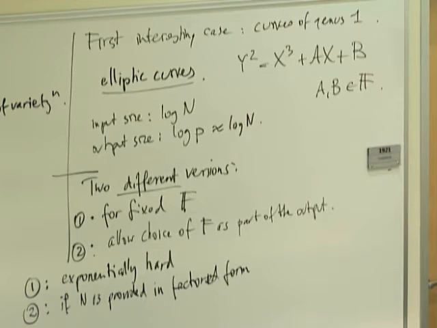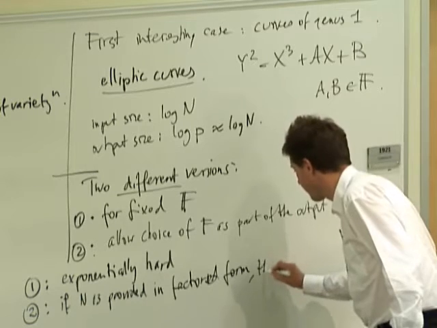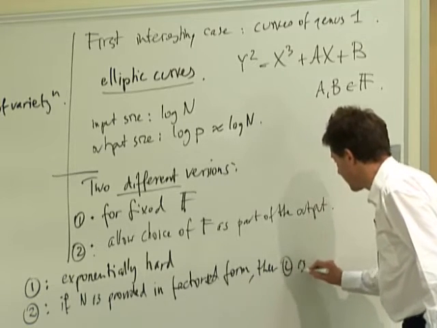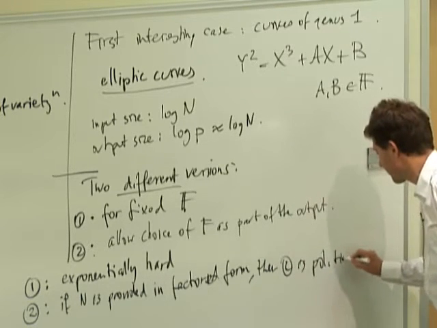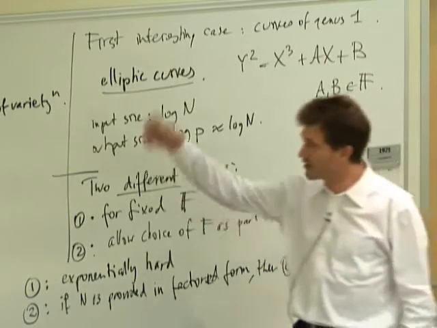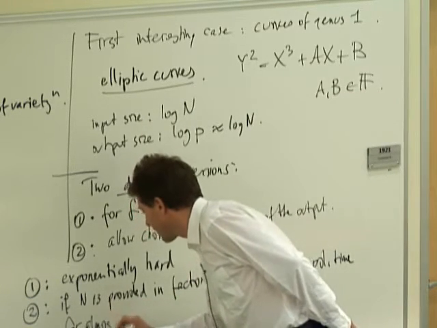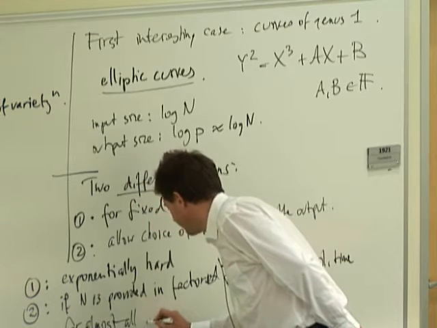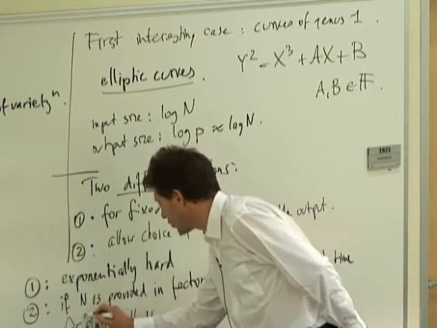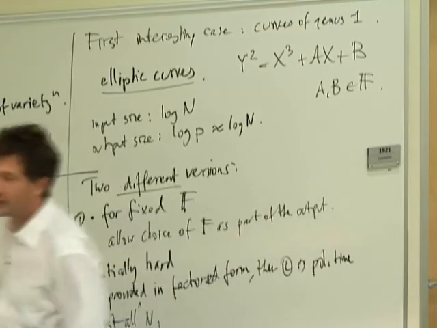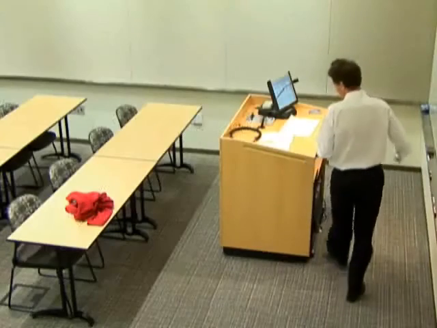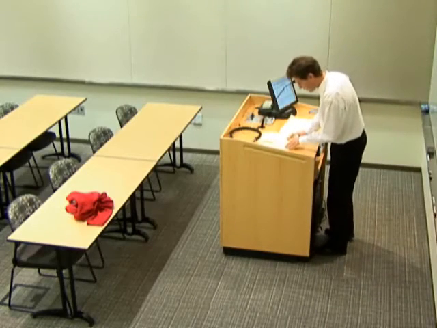It's a hard problem, but if the input is given in factored form, then 2 is polynomial time. Well, basically for all n, let me just say for almost all n, and this almost all has a meaning that I will make precise a little bit later on. So that's the kind of result that you should think of.